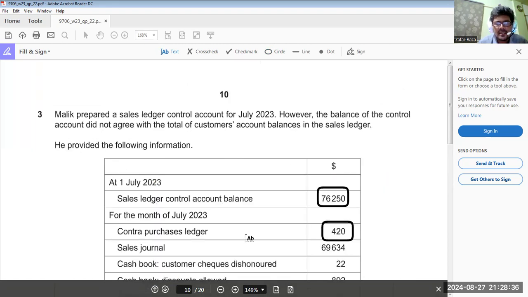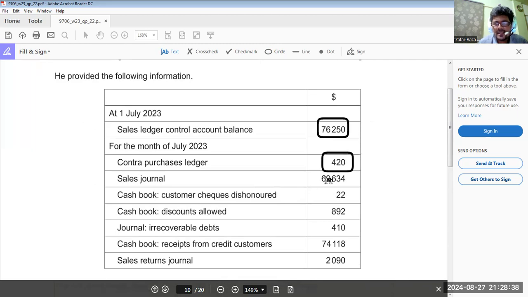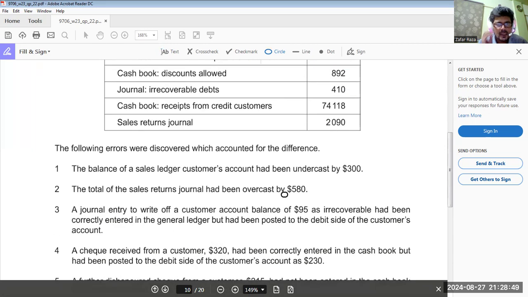Then sales journal, 69,634. I don't think we have an error in this amount. The balance of sales ledger customers' account had been undercast. Sales return, no, there is no error.